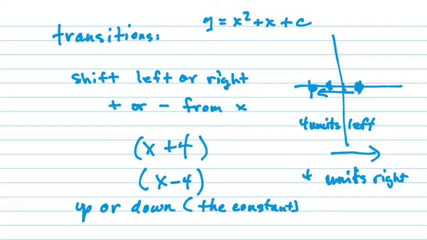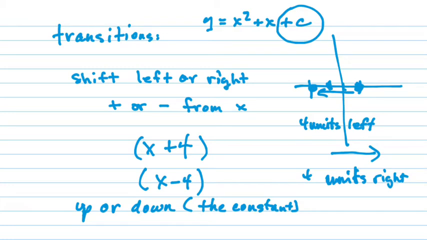Some number at the end, right? Now, up or down is affected by that one. X squared plus x plus some number, constant. Constant just means a number. Any quadratic always has an x squared and an x in it. Okay? All right. We'll look at plenty of examples. These are just the general notes.